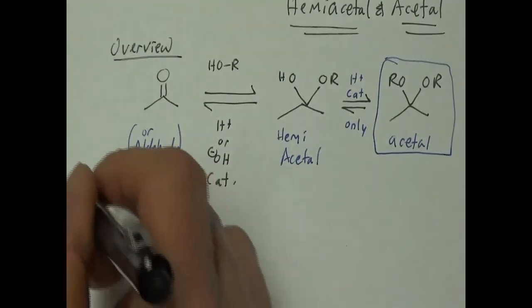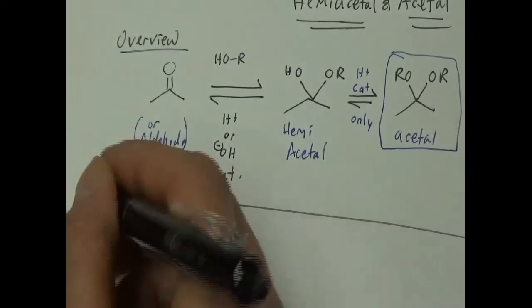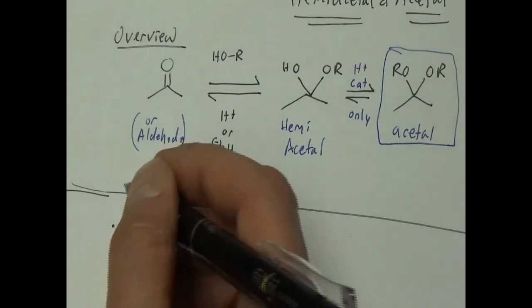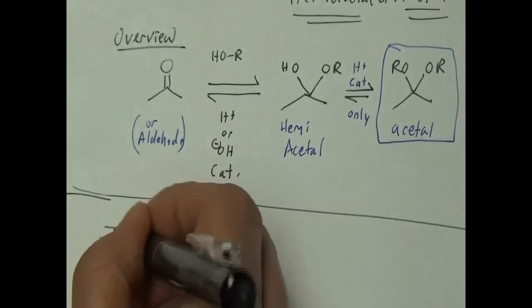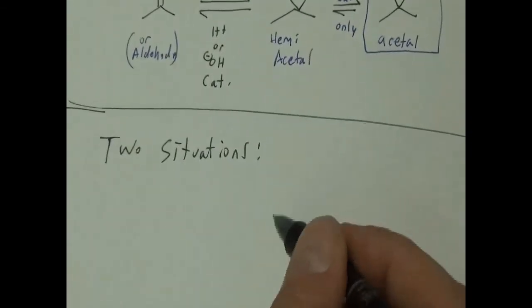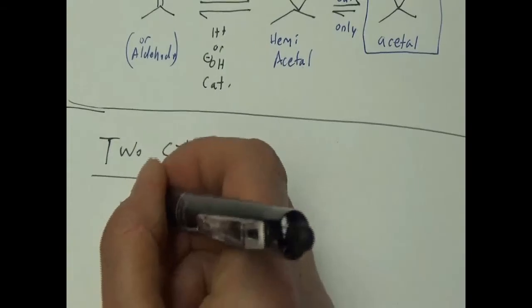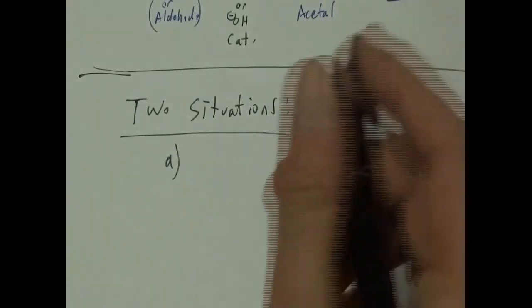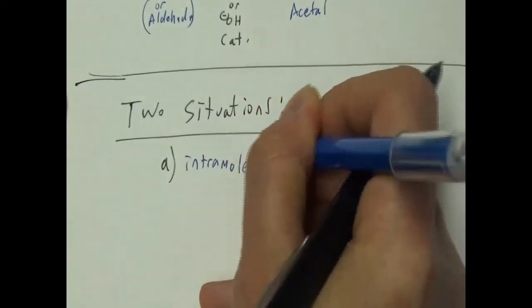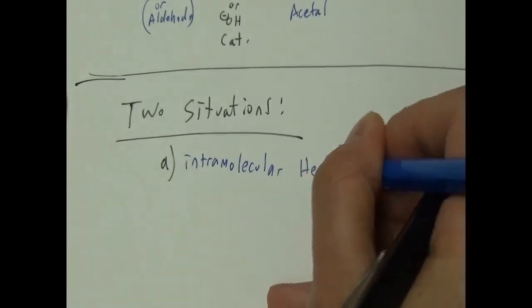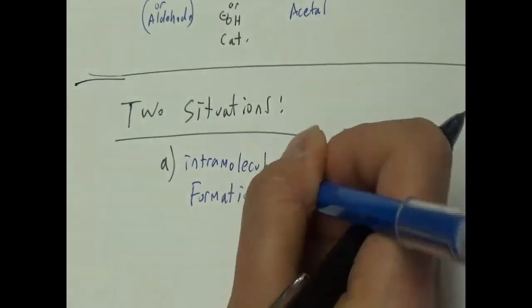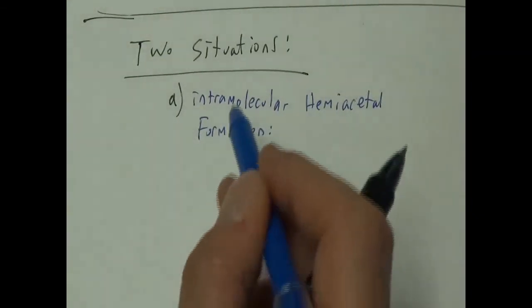I'll show one quick example of this. There are two situations, and I'm just going to show one so we can end on a real example. The first one, and we'll continue with the next one next lecture, is intramolecular hemiacetal formation. Intramolecular means within the same molecule.